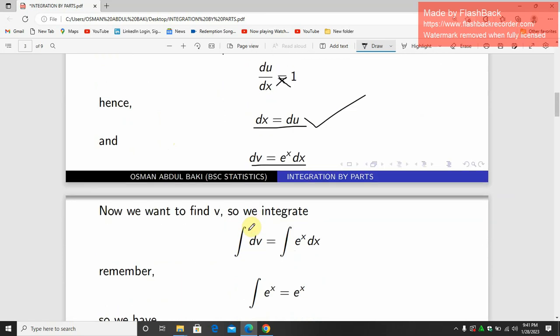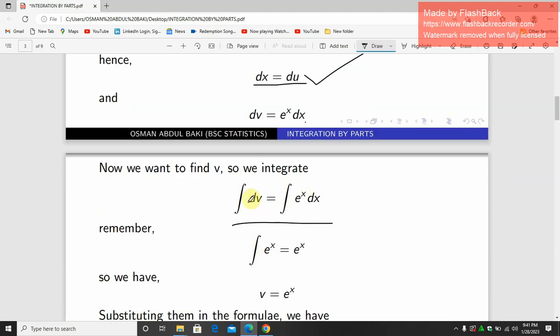We apply the integral sign. So we find the integration of dv, which is equal to the integration of e^x dx. So we will apply the integral sign on both sides.